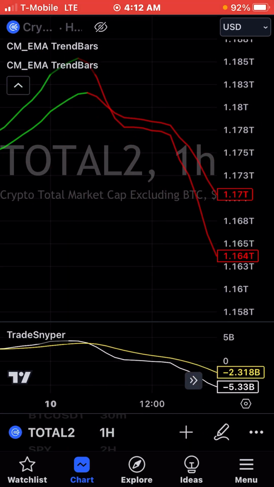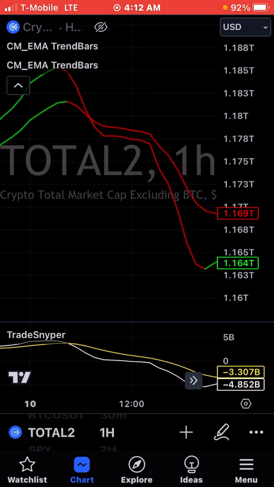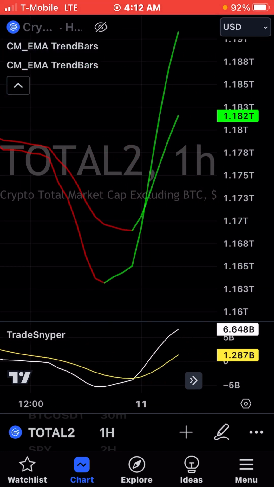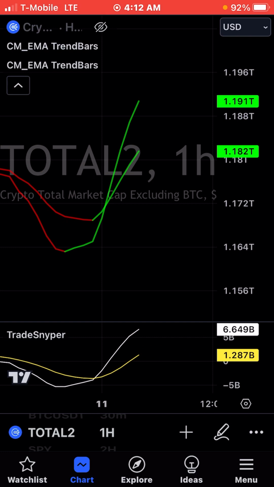Total 2 is the total market cap excluding Bitcoin. So when you look at Total 2, this is good for altcoins because this shows you, other than Bitcoin, if it's going up. So if you want to trade altcoins, look at Total 2. Total 2 will tell you the direction of the majority of the altcoins.